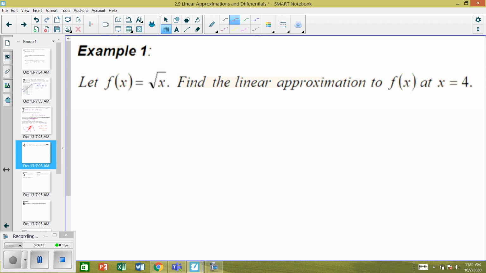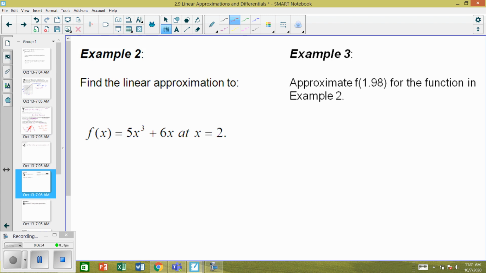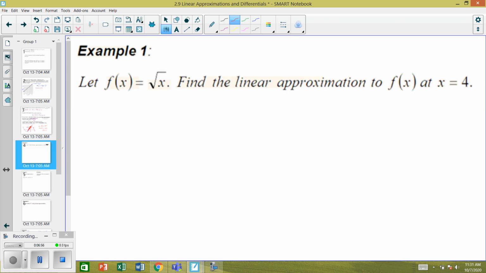Okay. So let me see. Perfect. It says let f of x be the square root of x, which we know looks like that. It's a function that's flattening off as it goes to infinity.